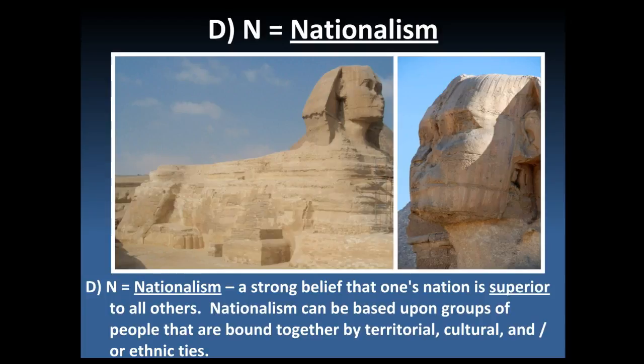And I point that out because that's really what nationalism is. Even though this is an incredible archaeological artifact and finding, Napoleon, because he exhibited traits of nationalism, did not care, and they used it for target practice instead of respecting the historical marker that it is.